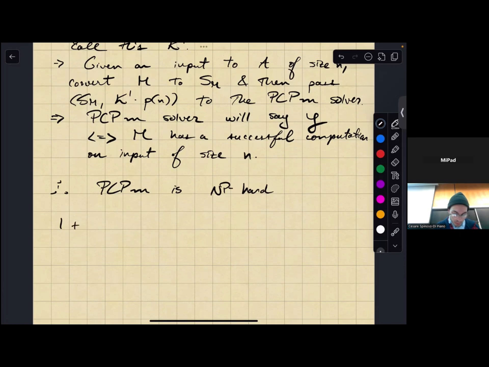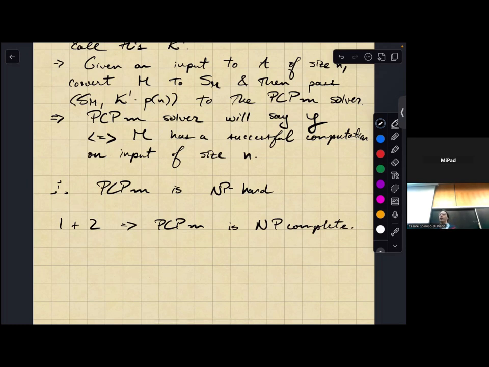And so by 1 plus 2, we get that PCPm is NP-complete. And so the answer to my original question, can we do any better than exponential, is then no, because the problem is NP-complete.